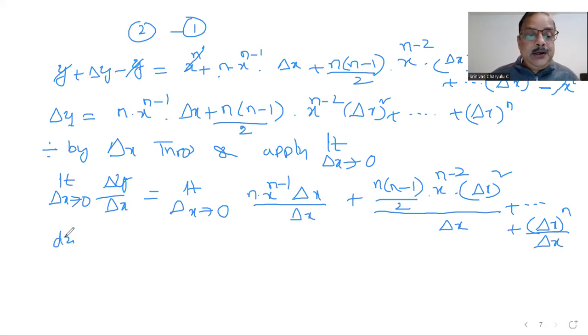So this I can write now dy by dx. So here delta x and delta x will get cancelled and in all other terms you find the delta x. So just for last step I'll write this one clearly for you.